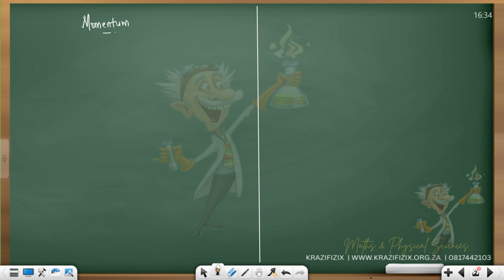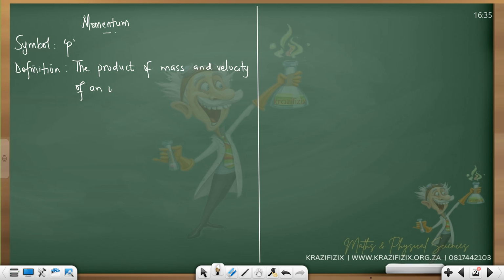Okay, so we're going to look at momentum. The first thing that I'm going to ask us to do is to quickly define momentum. We'll start by, let's say, symbol. Symbol is a small letter p. Definition: it is the product of mass and velocity of an object.